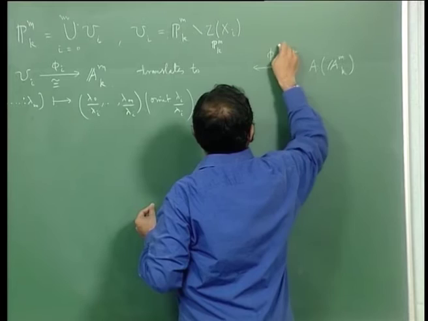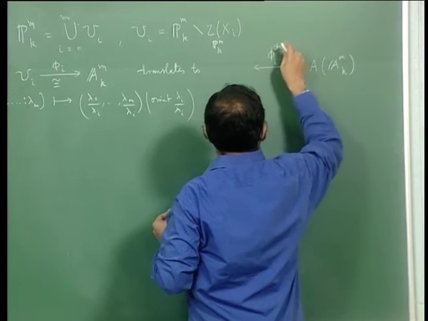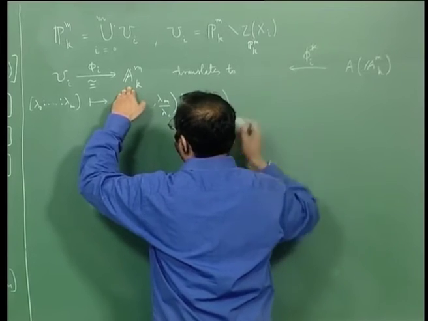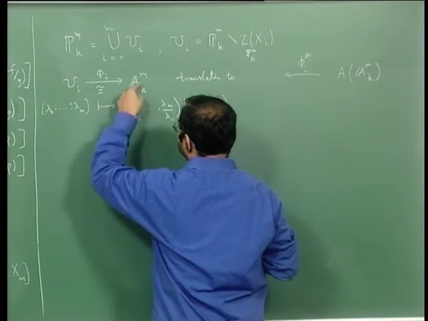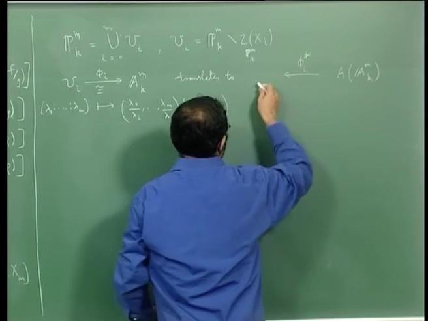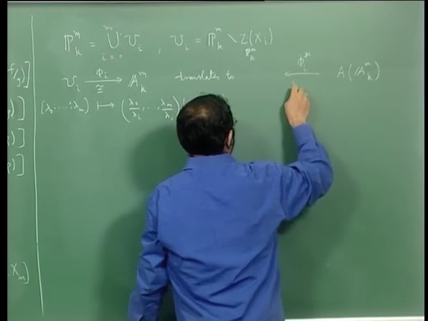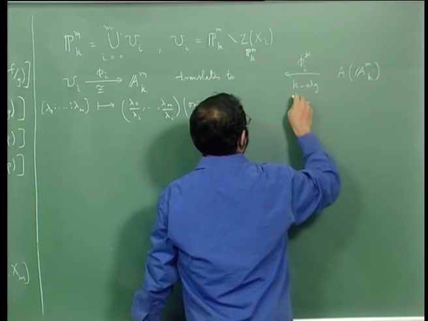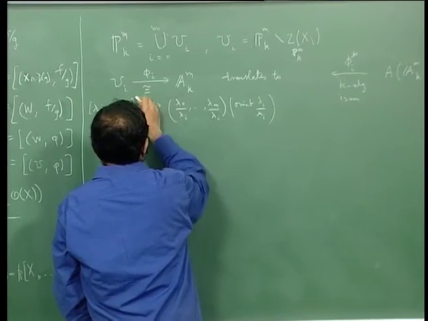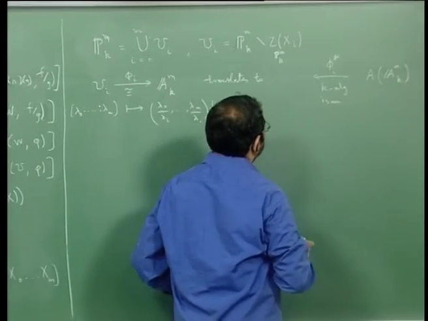This is by pullback of regular functions: give me a regular function here, you compose with this, you get a regular function there. It is a map in the opposite direction, and this is a K-algebra isomorphism.